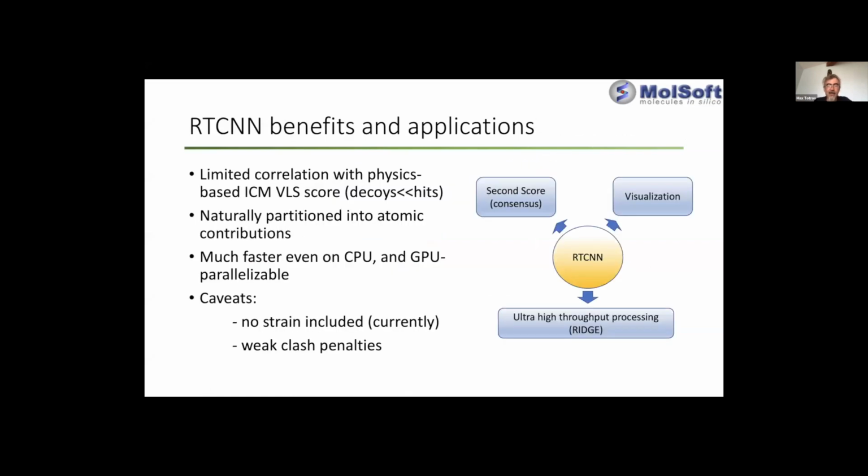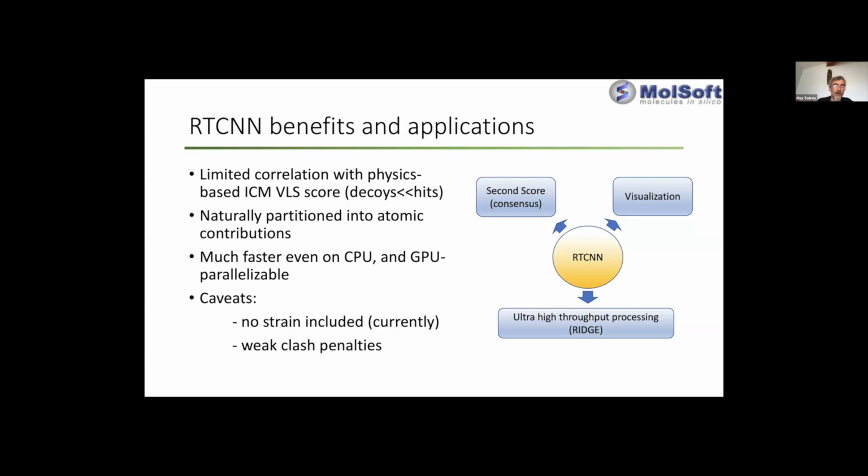This is used now within ICM as we apply it as a second score in consensus scoring schemes. We use it for visualization to color molecules. We use it also because it's really fast, much faster than our regular score, for ultra high throughput processing. I think Eugene will talk about it more.